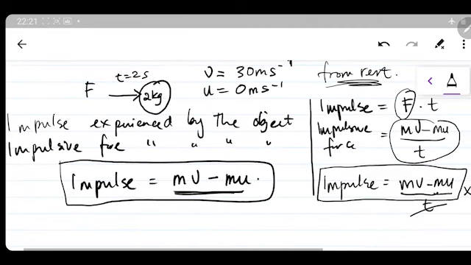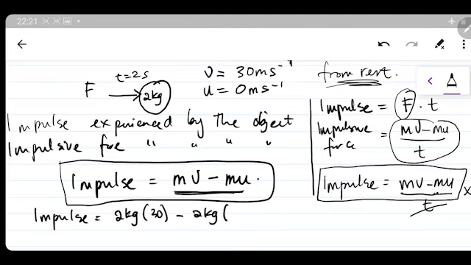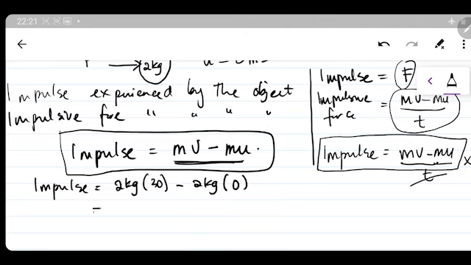We substitute all the values to calculate its impulse: mass 2 kg, times mv, 30 minus 2 kg times 0. So we get 60 newton second. That is the impulse.